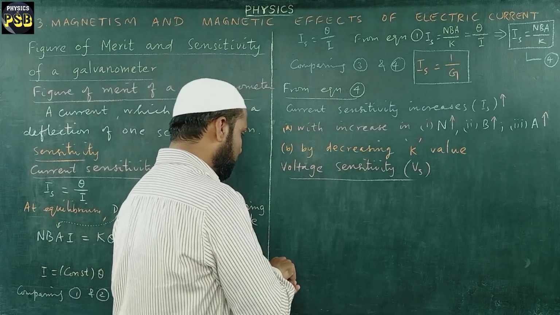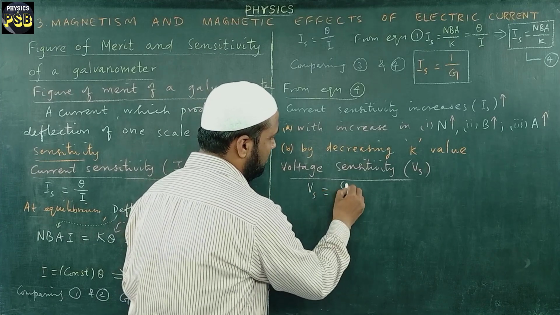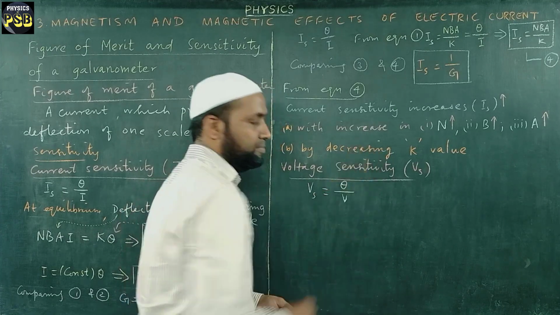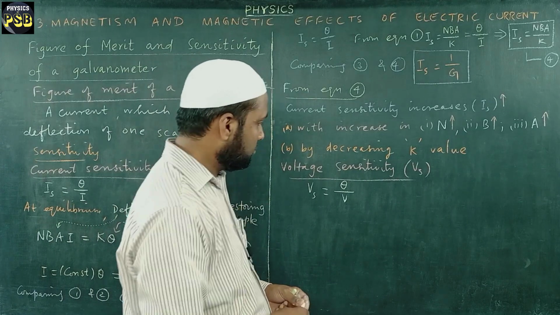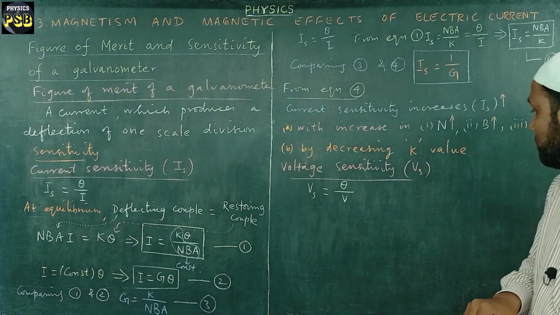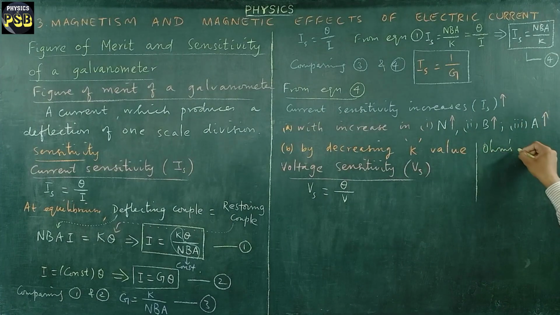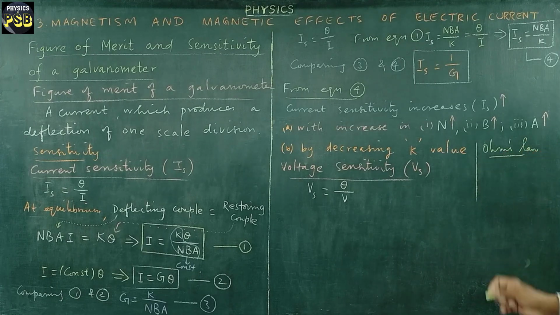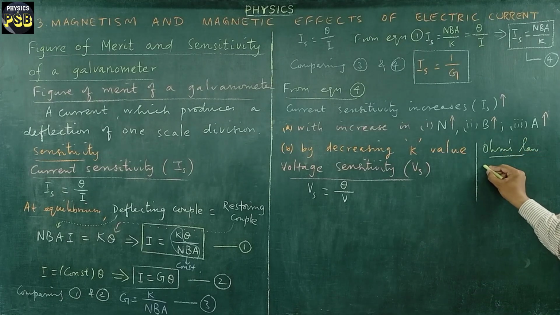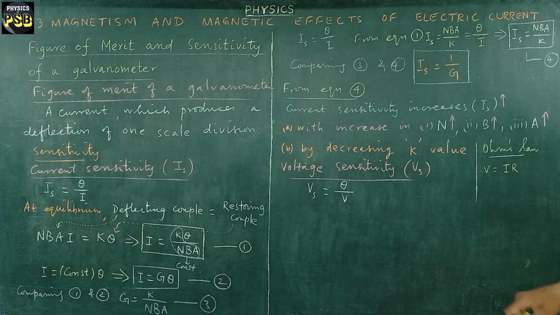So Vs is written as theta upon V. From Ohm's law, we know, what does Ohm's law say? Ohm's law relates the voltage and current. It says that the voltage across a conductor is the product of current and resistance.